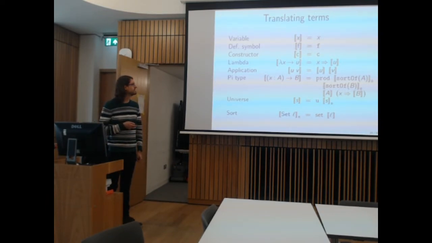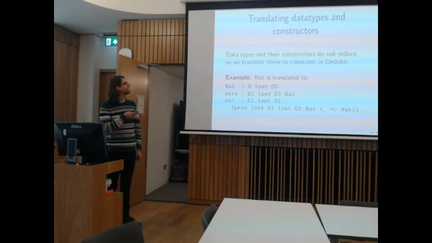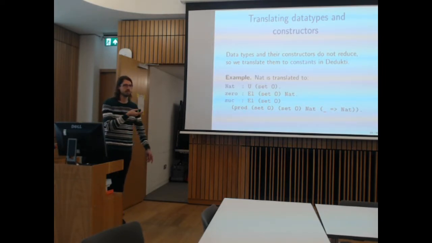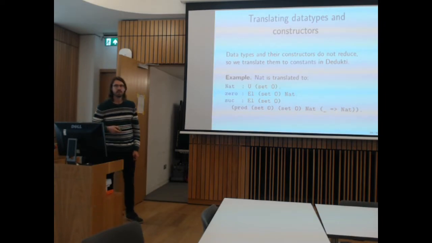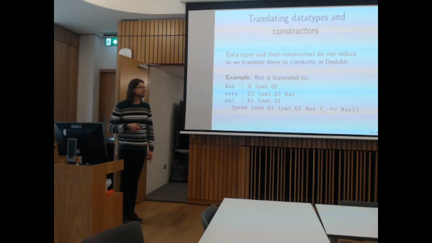Okay. Coming back to your question, for data types and constructors, we just define them by translating to constants, and that's how they work in Dedukti. So if you have Nat, then we translate these to be constants. We have an element of this universe, and elements of Nat, and an element of the product type Nat to Nat.